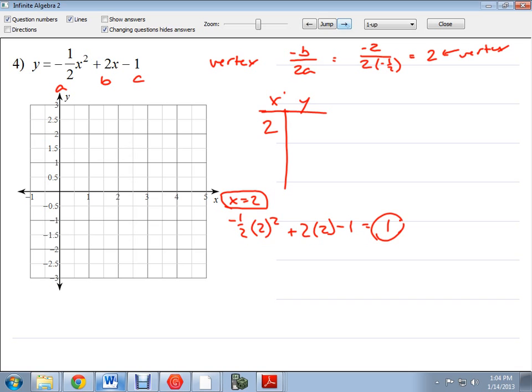All right, so let me check your calculation real quick. Negative 1/2 times 2 squared plus 4. Whenever you do this, instead of using negative 1/2 as a fraction, do negative 0.5 times 2 squared, plus 4 gets you 1.